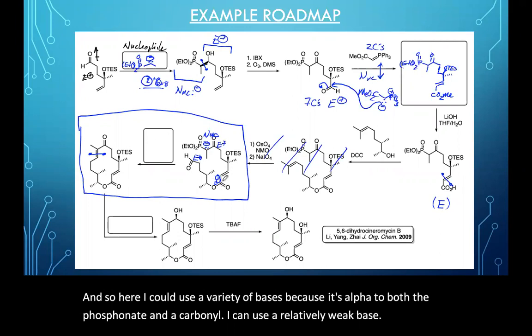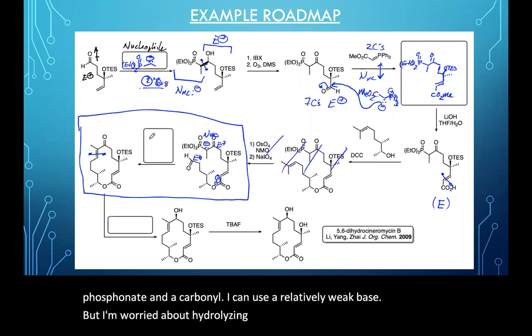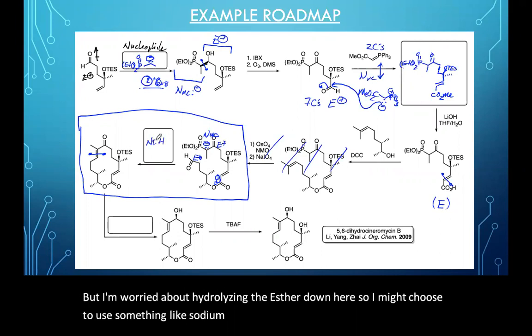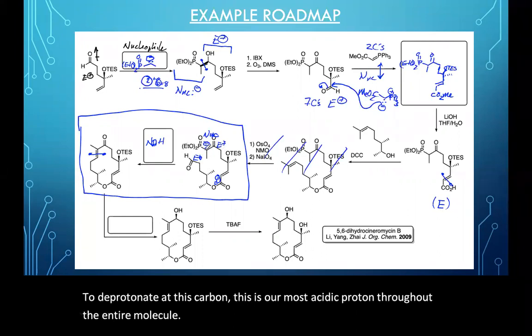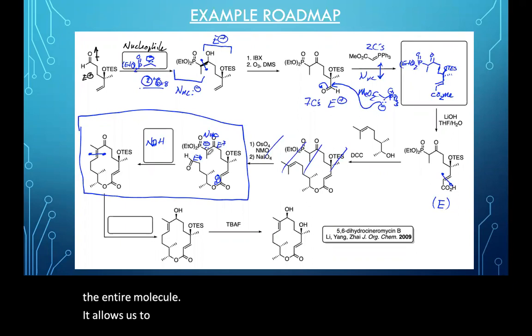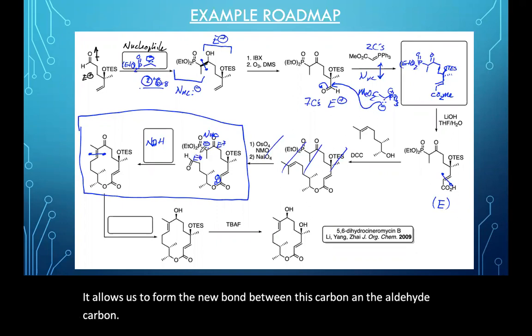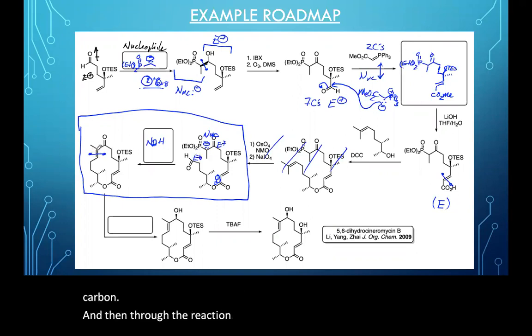But I'm worried about hydrolyzing the ester down here, so I might choose to use something like sodium hydride to deprotonate at this carbon, our most acidic proton throughout the entire molecule. It allows us to form the new bond between this carbon and the aldehyde carbon, and then through the reaction mechanism give us this alkene.